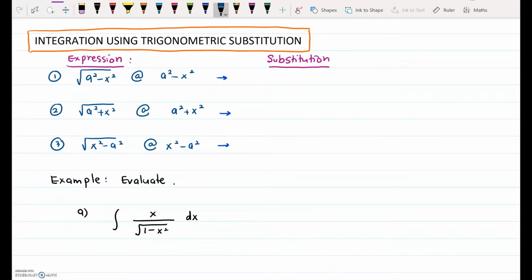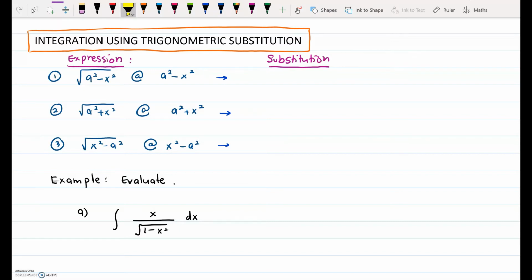Okay guys, now let's see the expressions involved in the integrations by using the trigonometric substitution. Basically, this technique is quite similar to the substitution method, but we need to know what things we want to substitute. We have three expressions here.